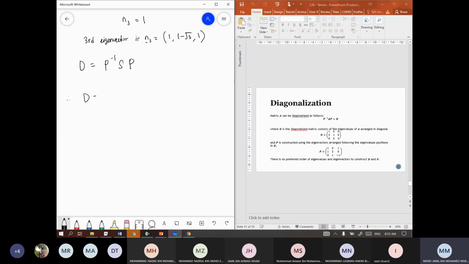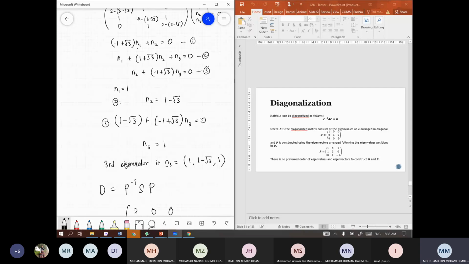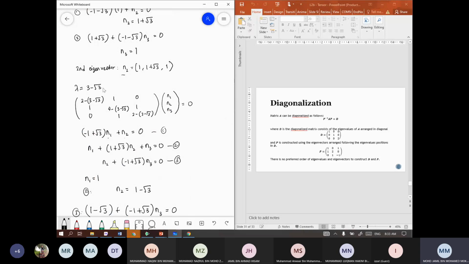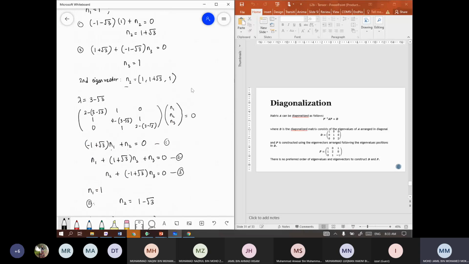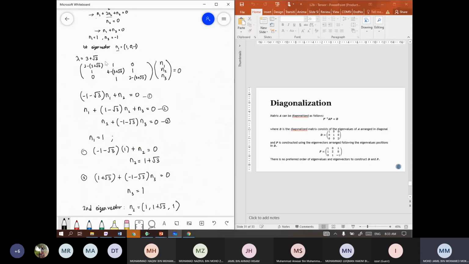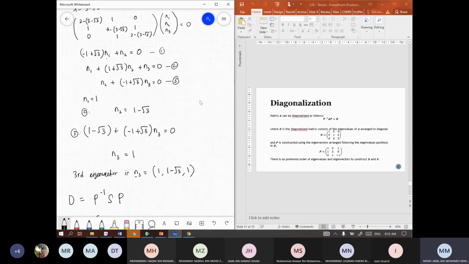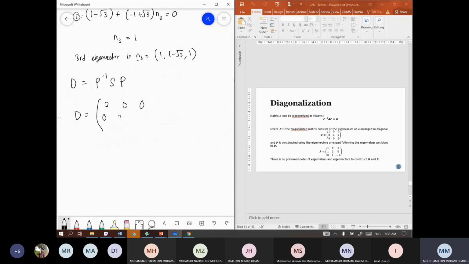So D is the diagonal matrix with eigenvalues 2, 0, 0, 0, 3 minus square root 3, 3 plus square root 3. Okay, so this is the matrix D.